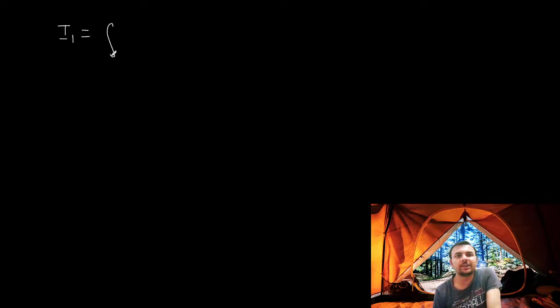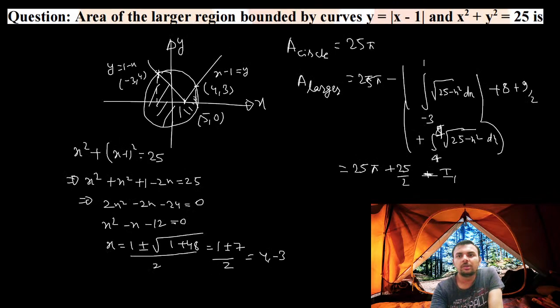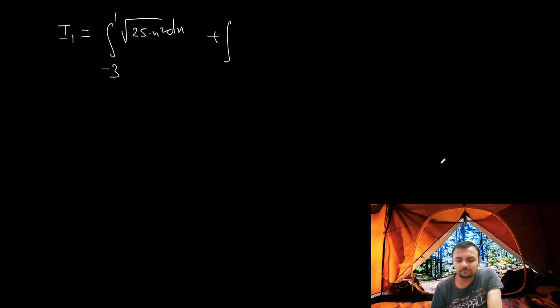I1 is integral from minus 3 to 1 of root under 25 minus x square dx plus integral 1 to 4 of root under 25 minus x square dx. So first we'll do integration.